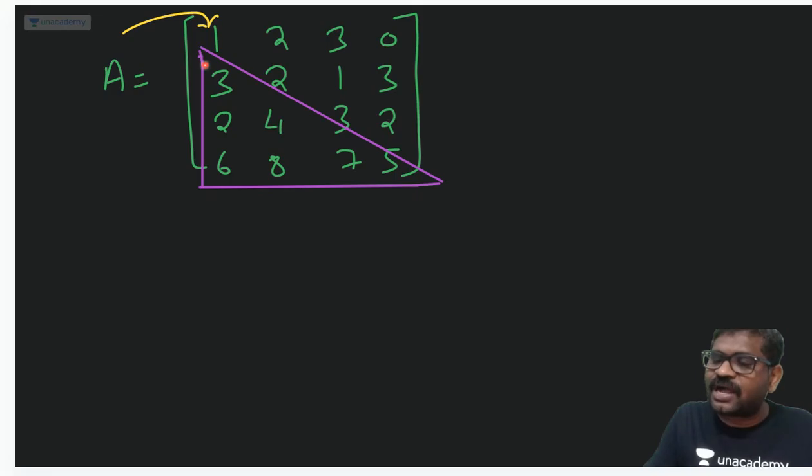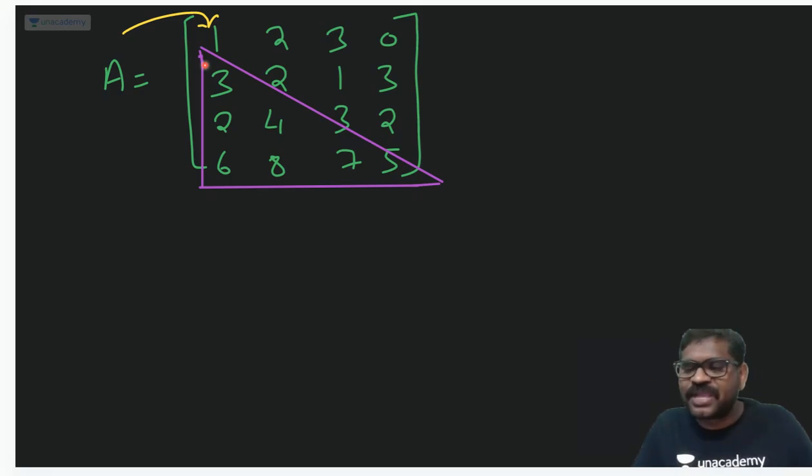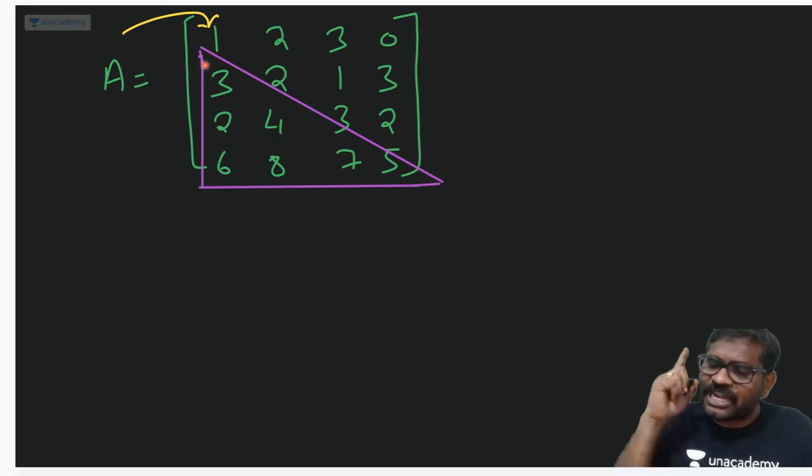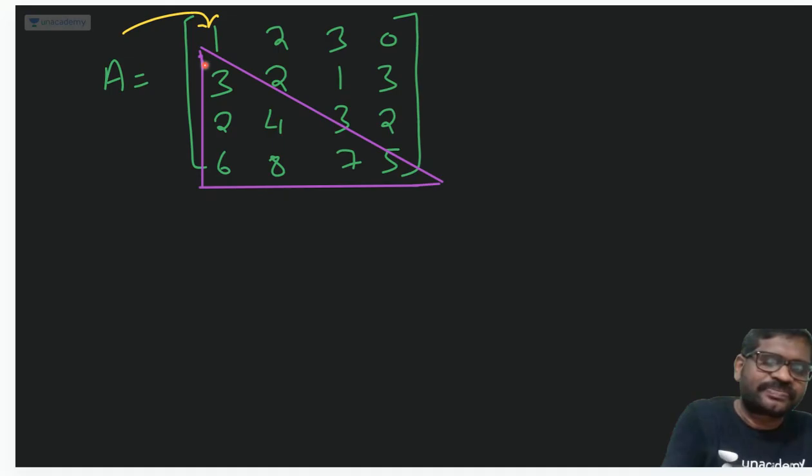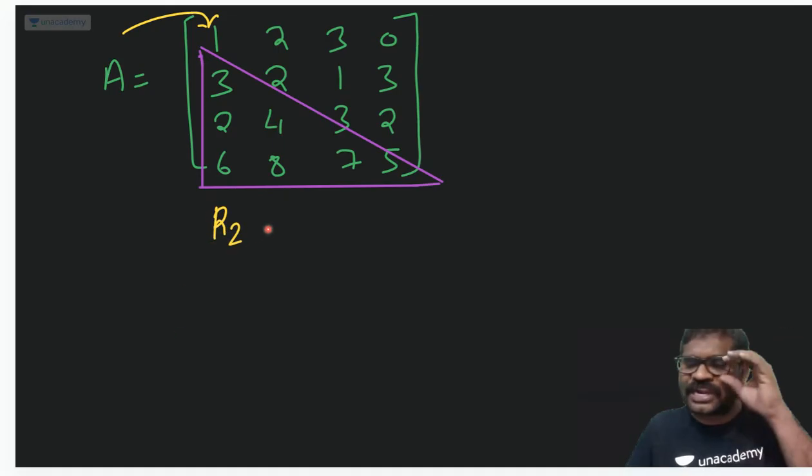Apply row operations. Echelon form is restricted to only one set of operations. Either you have to apply completely row operations or completely column operations. My discussion is row echelon form, so you have to apply row operations only. Sir, what do I have to do with this right angle triangle?